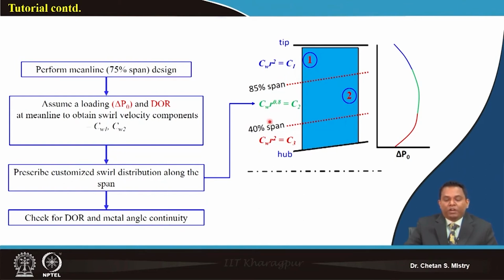In the mid span region, from 40% to 85% span, we will be taking Cw into r to the power 0.8 equal to constant, and from 85% to tip we will be taking Cw into r square equal to constant. Now this is very important, we need to realize that part.